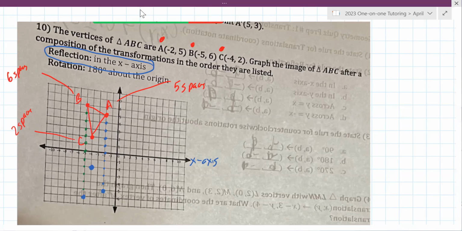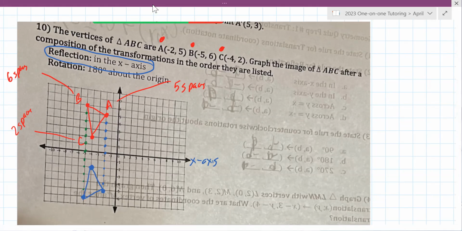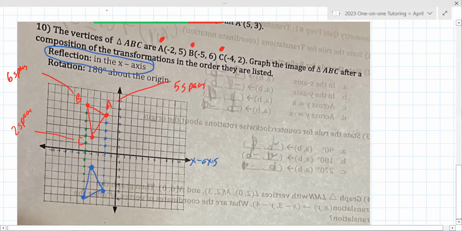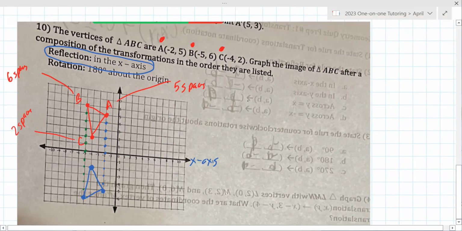All right. Now, do you have the rule on your sheet there for 180-degree rotations? Yes. Okay. What does the rule say? The rule is that the rotation is about 180 degrees about the origin.